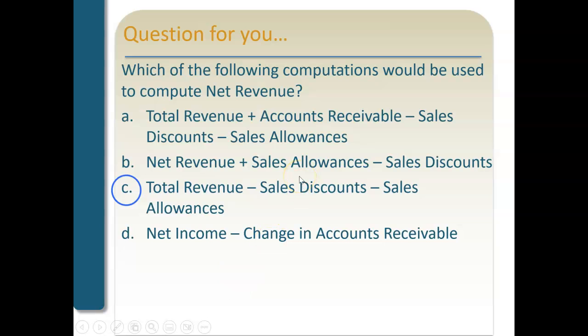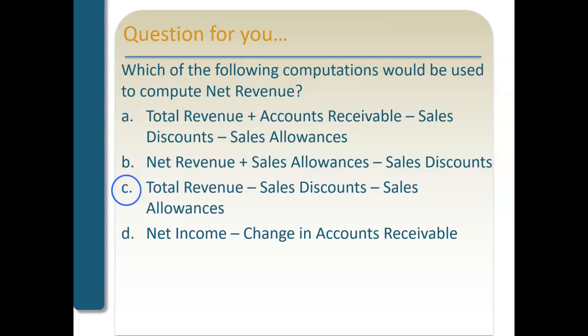Total revenue minus sales discounts minus sales allowances. Remember, revenue is the income. Accounts receivable is what? It's an asset. So accounts receivable isn't part of our revenues.